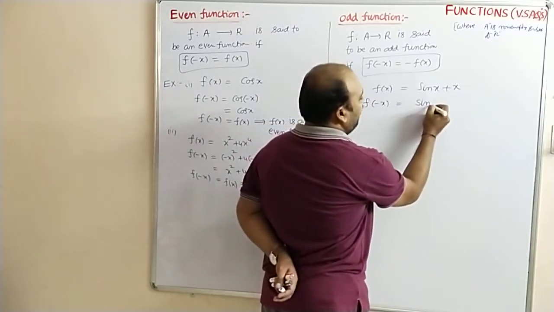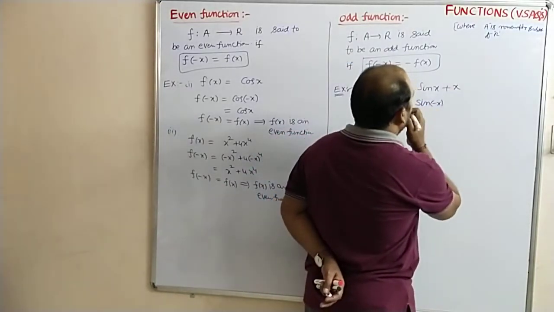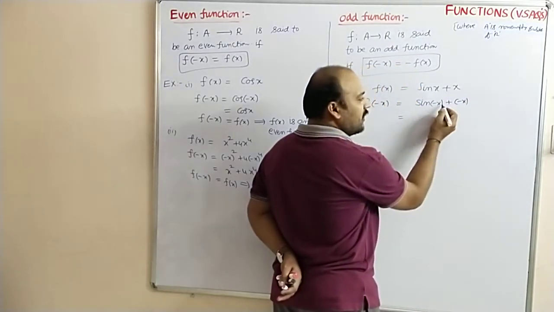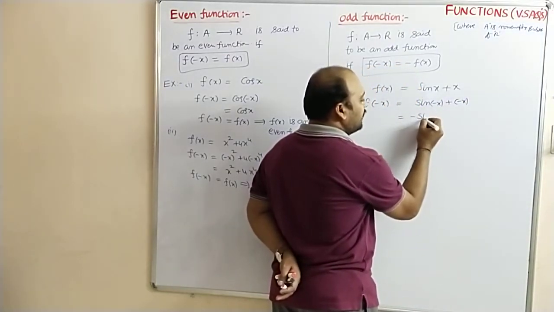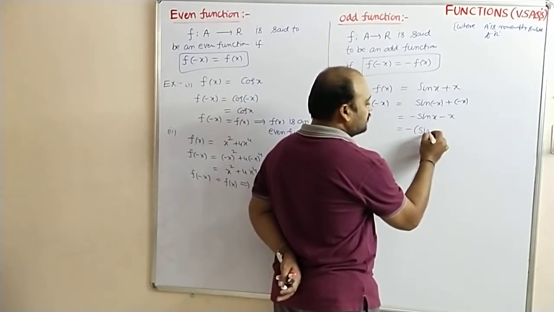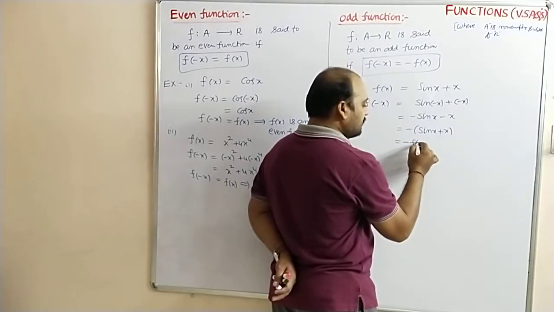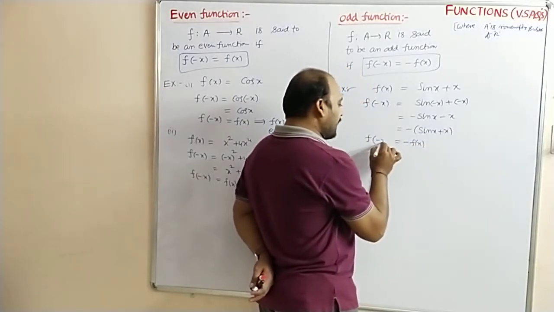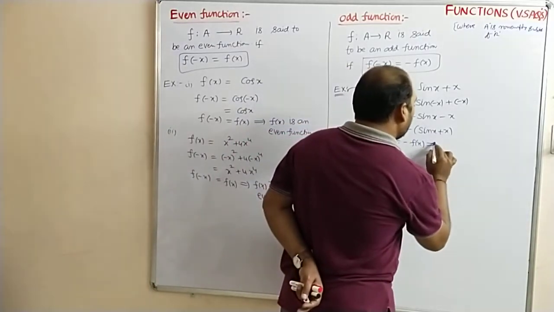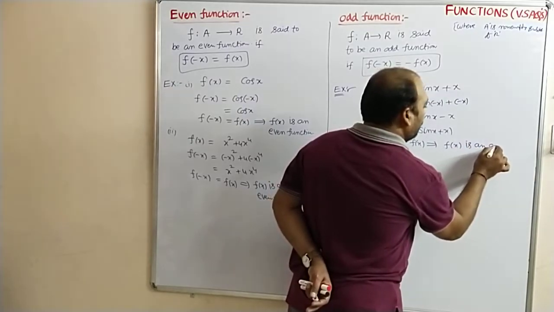Sine of minus x plus minus x, which is equal to, sine of minus theta is minus sin theta. So minus sine x minus x, which is equal to minus of sine x plus x, which is equal to minus f of x. So f of minus x is equal to minus f of x. Then f of x is an odd function.